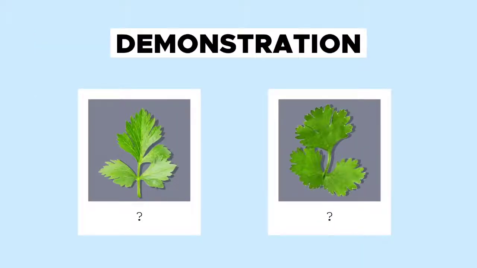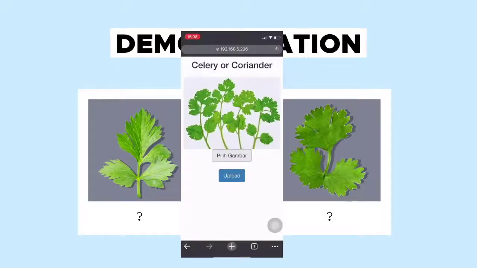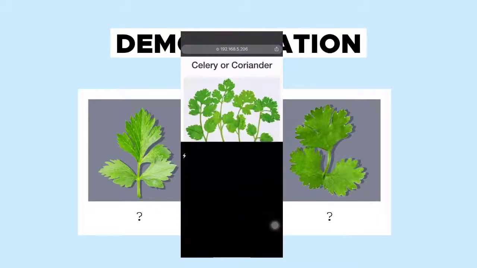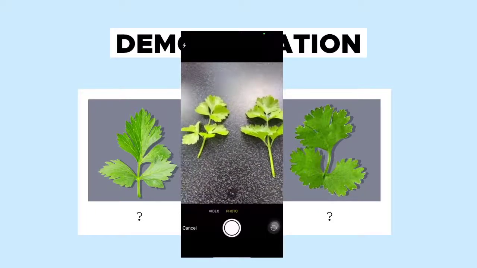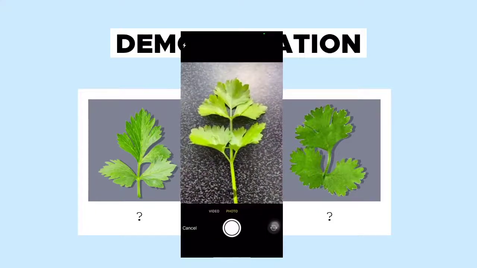And now I will show you how my app works. We can use it on any device with web access, and this time, on my phone. This is how it looks. First of all, we have to take a picture. Here I have 2 leaves, and for example, I will try this one.